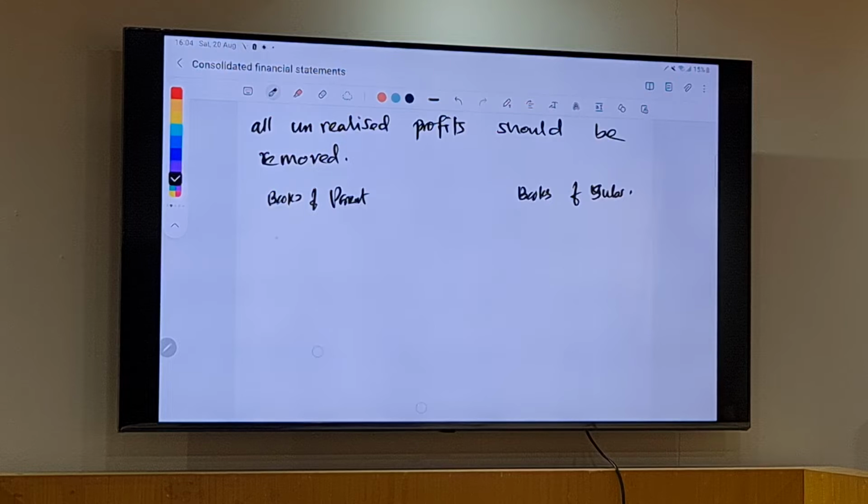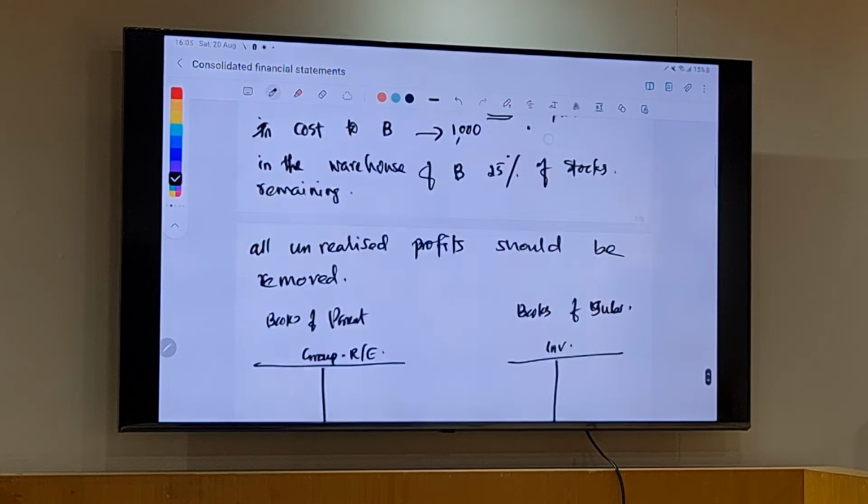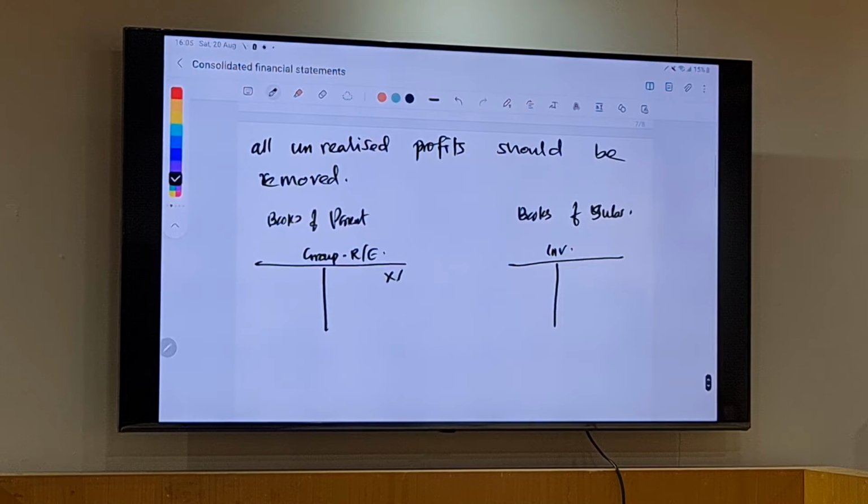Here I have my group return and here I have my inventory. What is the total inventory that I have, including this particular inventory also? So what I need to do now, normally I will have my total profits.